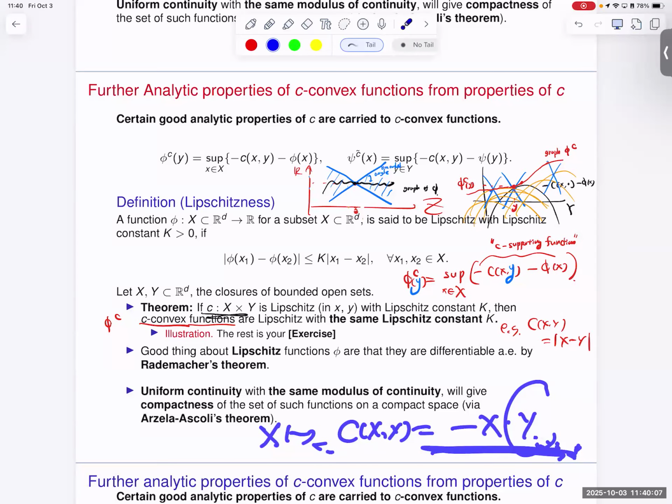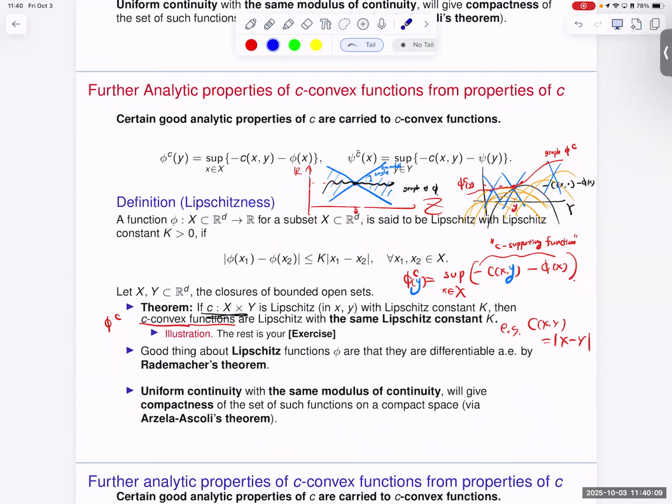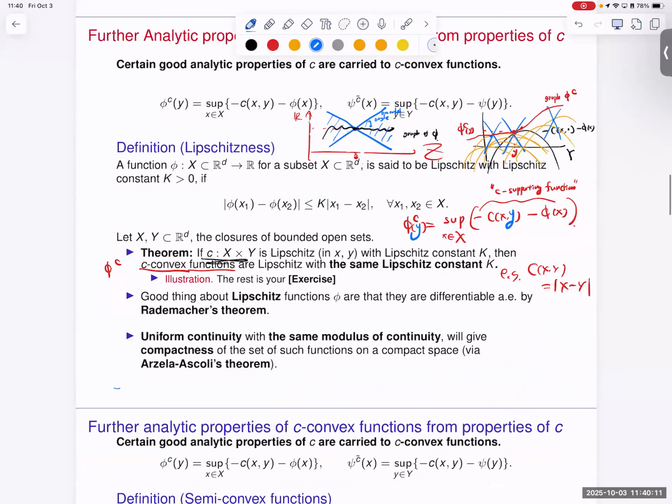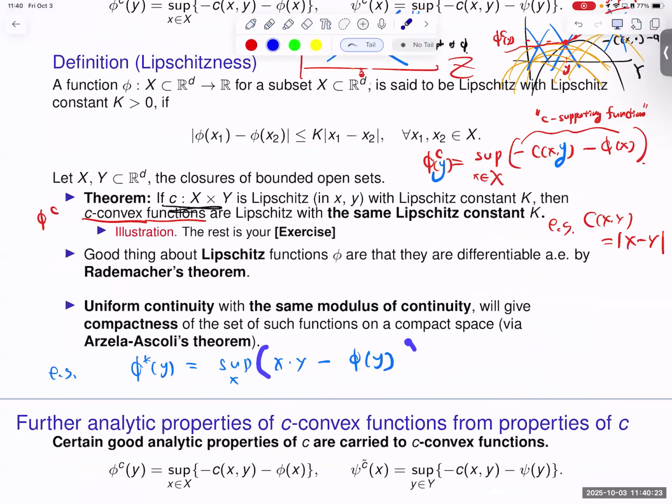But if you write down the Legendre transform, it has this family of such functions.